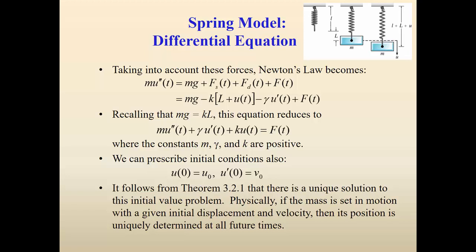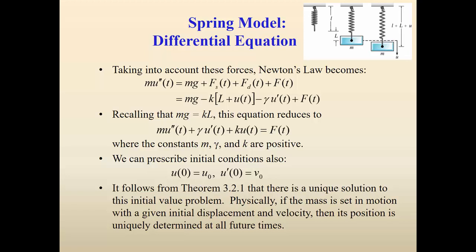Putting all the u terms together and realizing that mg cancels out with kL, so mg minus kL cancels out, we're left with a second-order equation of the form a u double prime plus b u prime plus c u is equal to some forcing term g of t, or in this case F of t.